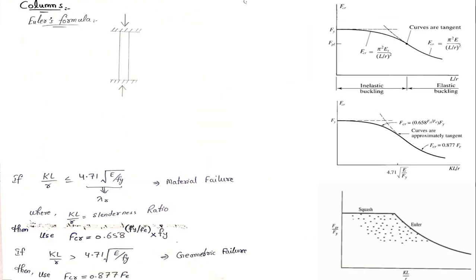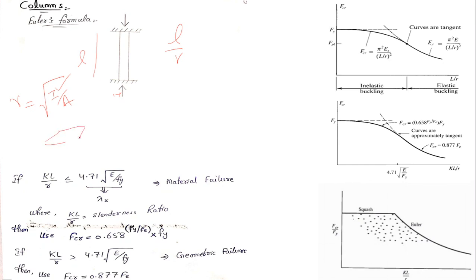From the previous lecture, I recall that I had to find the slenderness ratio of a column. The slenderness ratio of a column is L by r, its length over its radius of gyration. The radius of gyration is the square root of I by A, where I is the second moment of area, or moment of inertia, and A is the area of cross section.